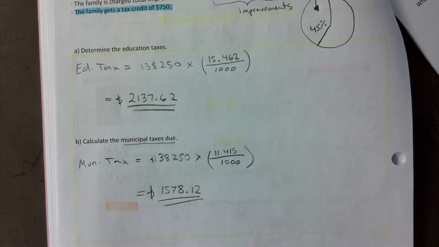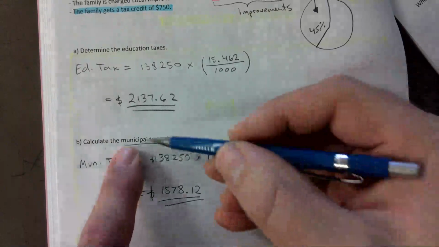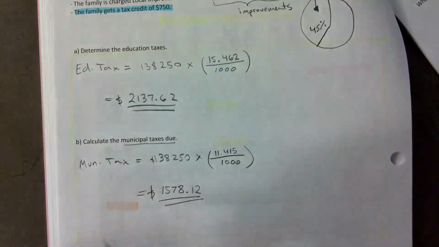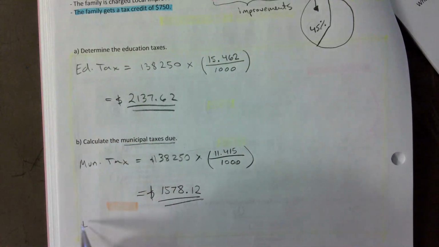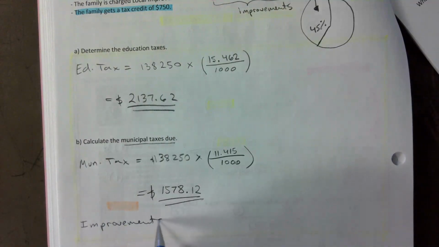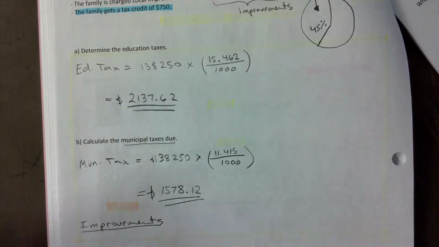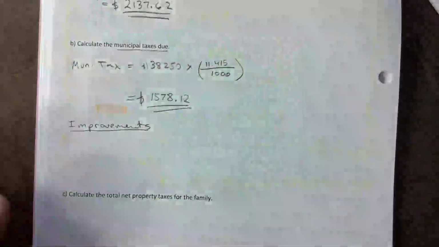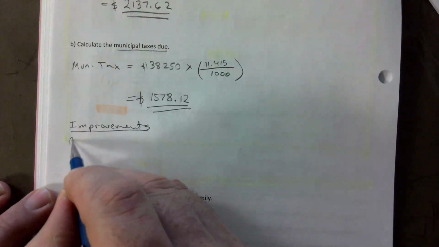I'm going to ask you to, under municipal, we have the mill rate calculation, but we will also add the improvements, folks. That is part that goes under municipal. So improvements, make a little line there where you add improvements. And how would you do that? We would do road oiling.